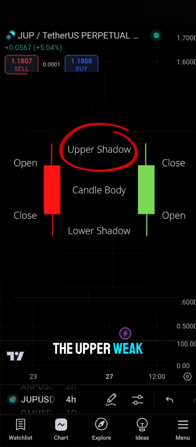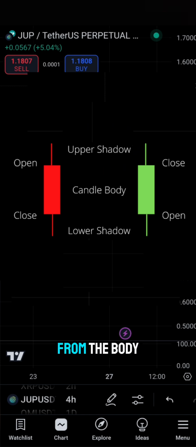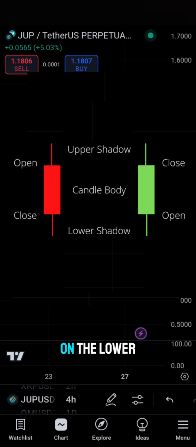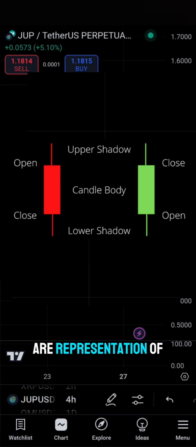The upper wick is an extension from the body of the candle from the upper side, and then the lower wick is an extension from the body of the candle on the lower end. And both of the wicks are a representation of price fluctuation during a given trading session.